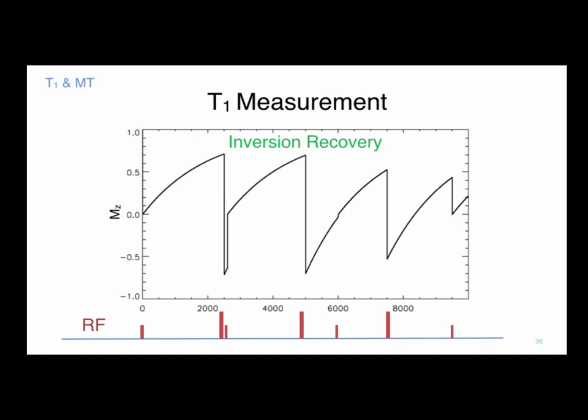For the reference, you start at 0, it recovers. For a very short inversion time, the spins are almost totally inverted. For a very long inversion time, the magnetization is further back to equilibrium. So if you compare the signal in blue for these different inversion times, you're effectively sampling this inversion recovery curve. And it gives you another measure of the T1.